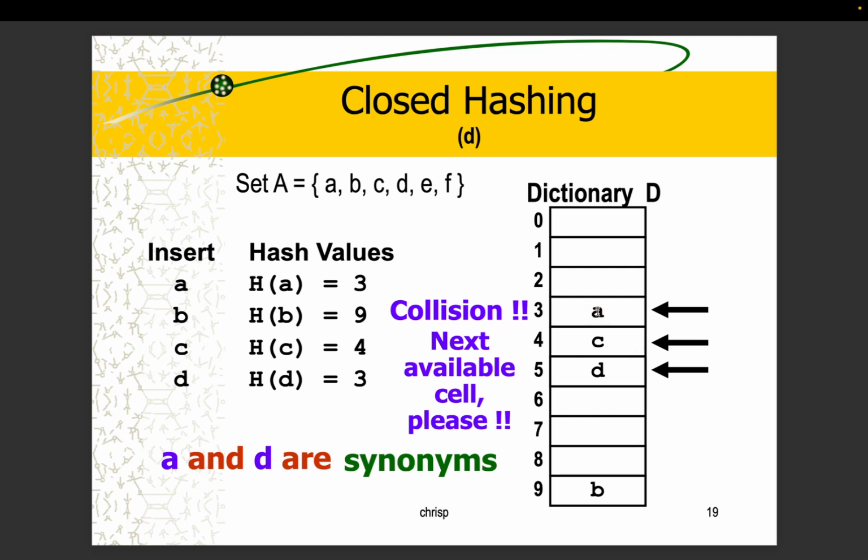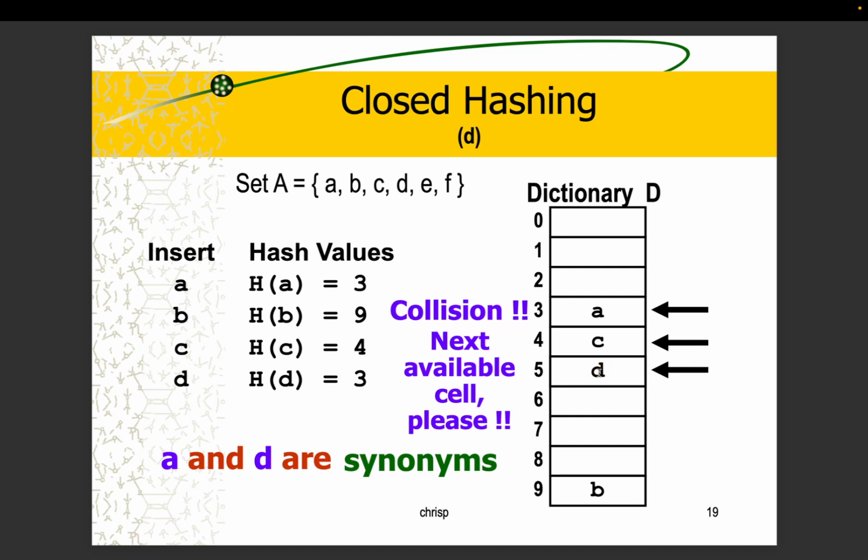It's like D says, "I was supposed to be here, but it's occupied, so I'll go to the next." So it goes to the next, index 4, and sees letter C. It still can't insert there because it can't ask for space. So it goes to the next available, and now it's inserted at index 5.